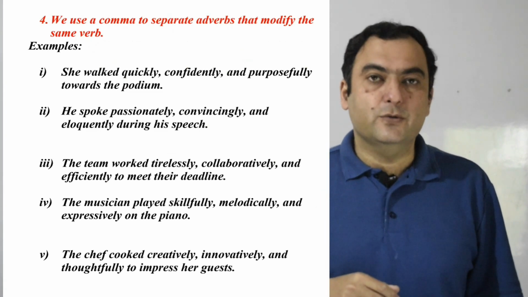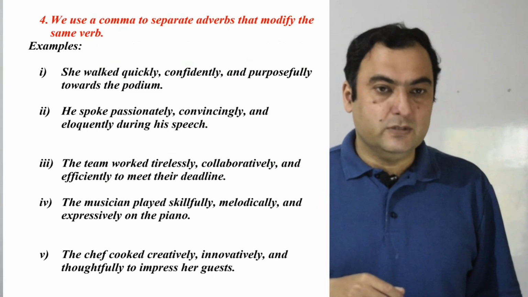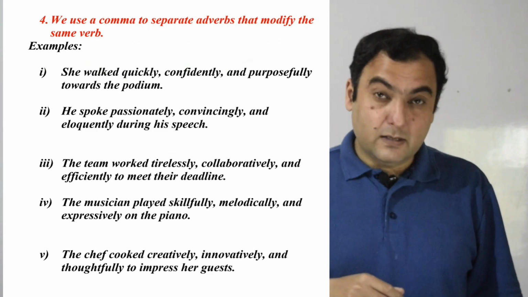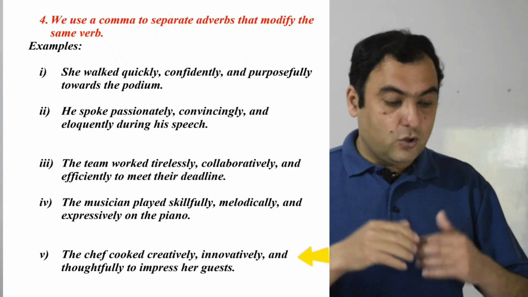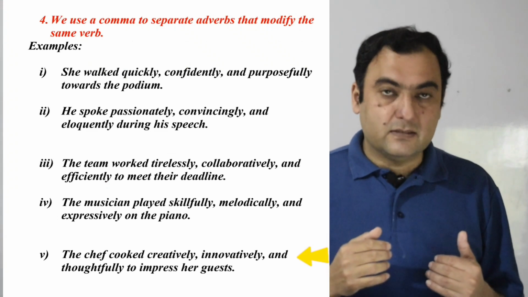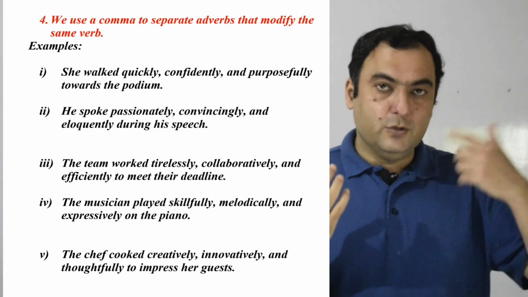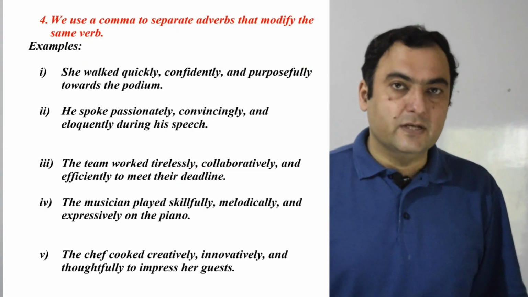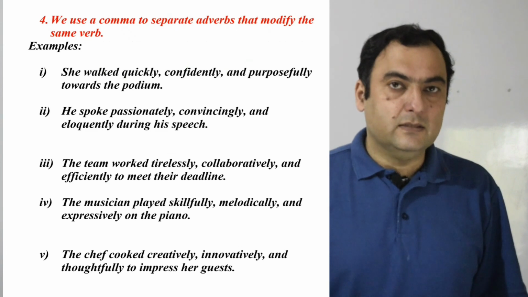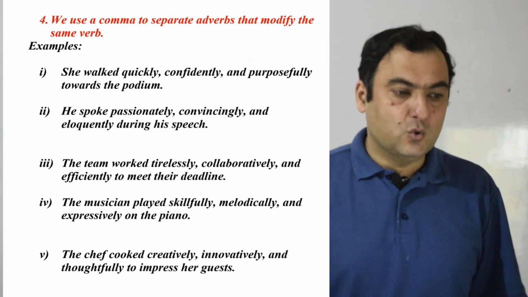Three adverbs used and commas are used. The last sentence is, the chef cooked creatively, innovatively and thoughtfully to impress her guests. Three adverbs used for the same verb, which is cook, and commas are used to signal that. So that was the fourth rule.